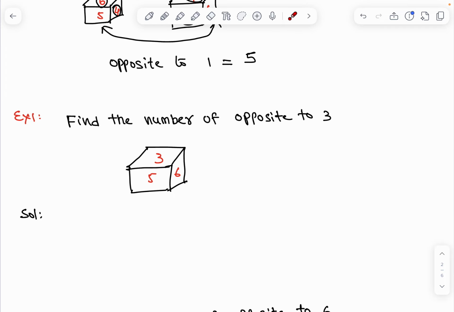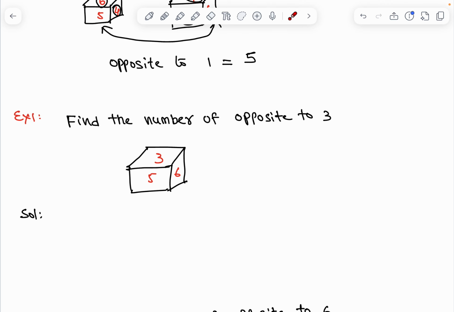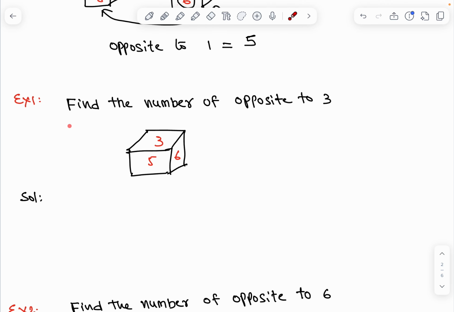Example 1. Find the number opposite to 3. You can observe this is the standard dice. Why? 3 plus 5 is 8, 3 plus 6 is 9. Therefore, it is not equal to 7. Therefore, it is a standard die. 3 plus 4 is equal to 7.